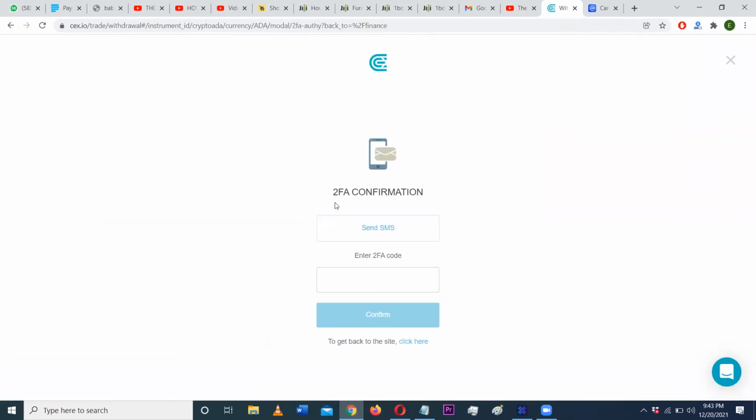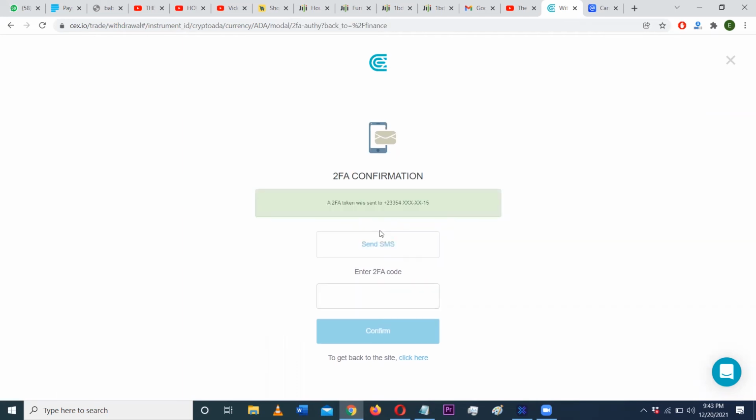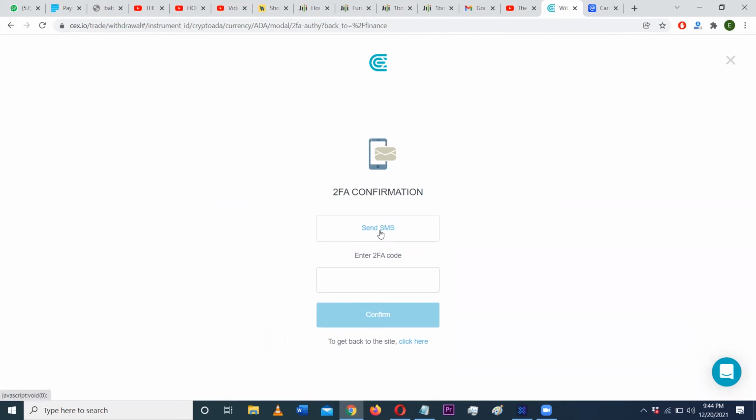Okay. So I have a two-factor authentication set on my phone. So I'm going to ask them to send an SMS to my phone. So a code is being sent to my phone. Once they send the code, I'll enter it here. So yes, I just received the code on my phone.